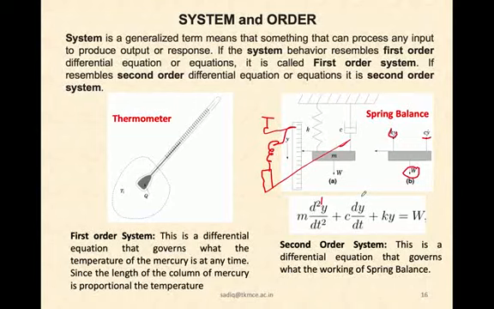The damping and change in velocity is a first order part, and there is stiffness and the displacement. So the whole equation defines the spring mass system, and the highest order here is second degree, so we call it a second order system. This is a differential equation that governs the working of a spring balance. So this is an example for a second order system.